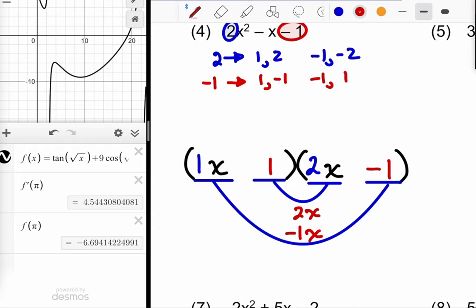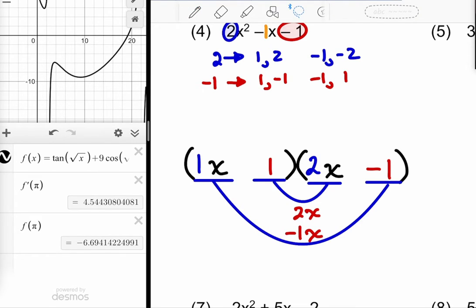If I add these two together, I would get a positive 1x. All right, so I want a -1x because you see right here, right in front of that x, there's an understood 1. That's the same as saying -1x because the minus sign with the 1, -1. All right, what I just got here is a positive 1. If I add these two together, I get a positive 1. That's the exact opposite of what I want.